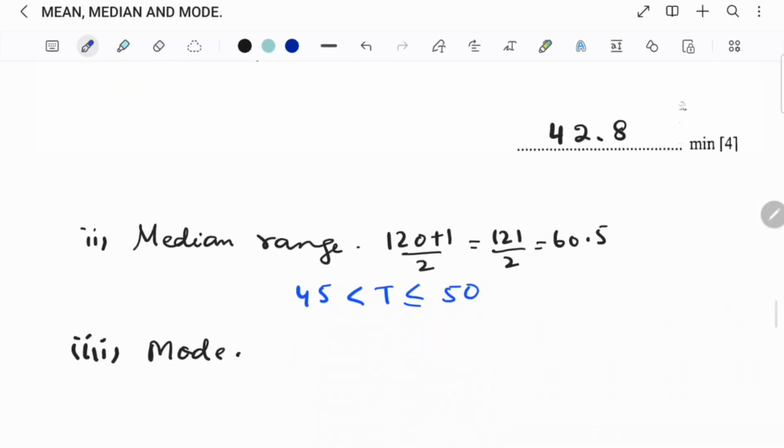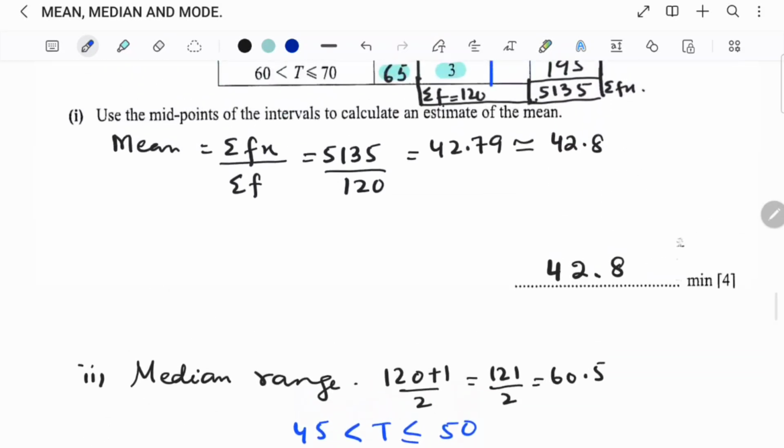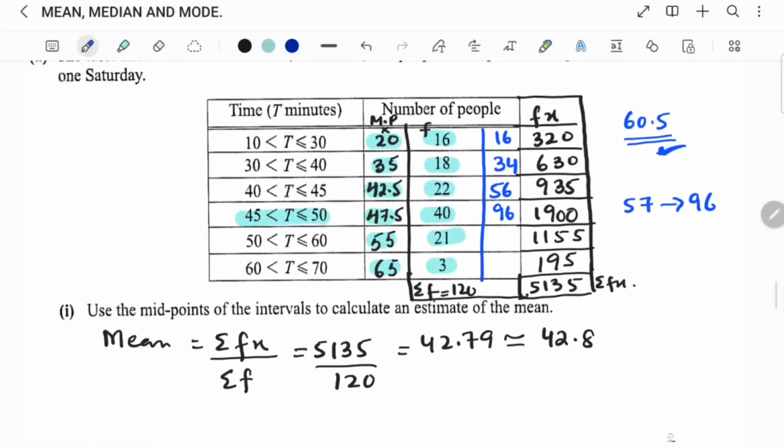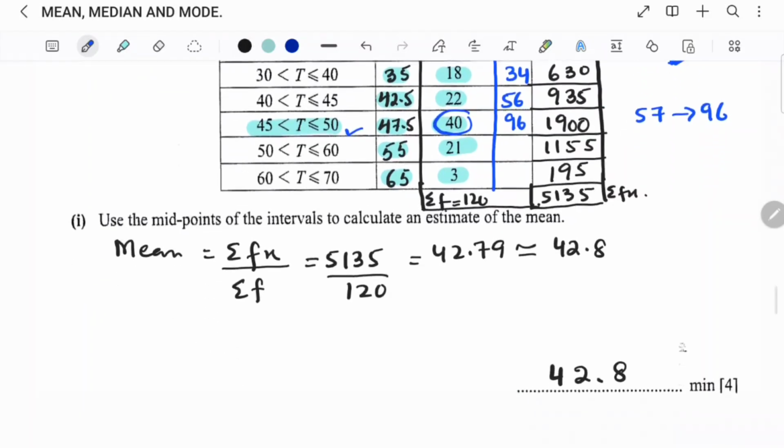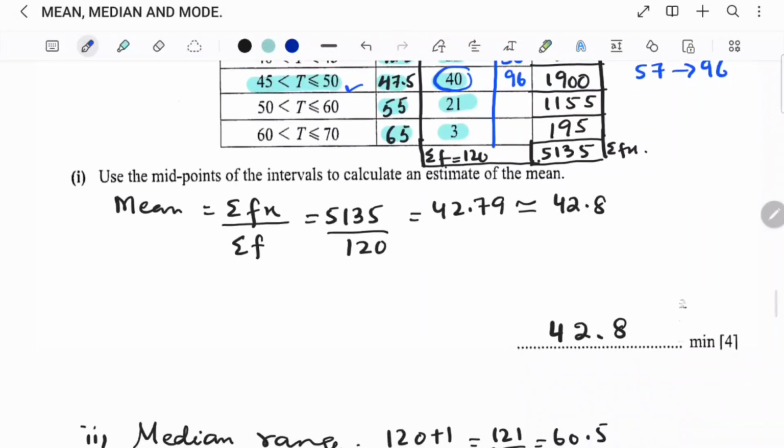Now for the mode. The mode is the most frequent number. The highest frequency is 40, and its x value is the same, so the highest frequency's range is 45 to 50.